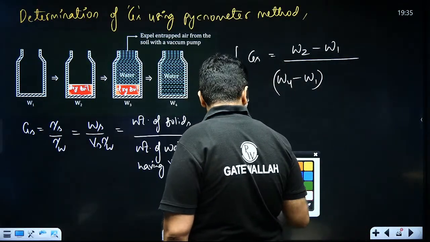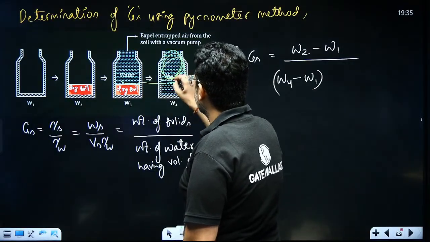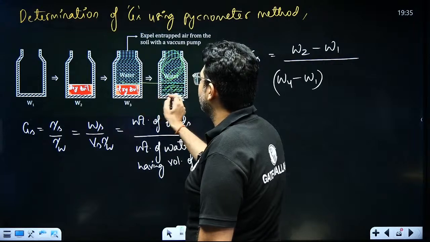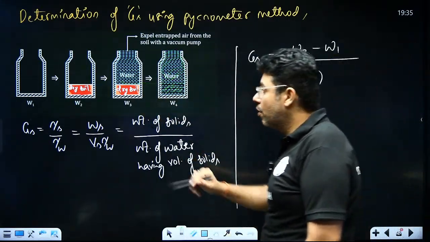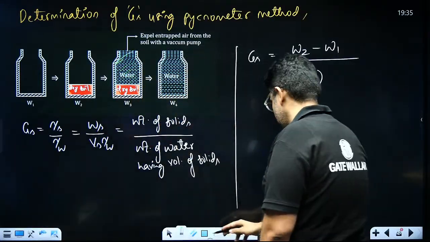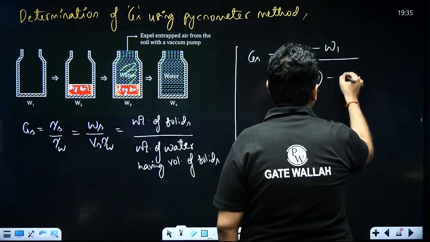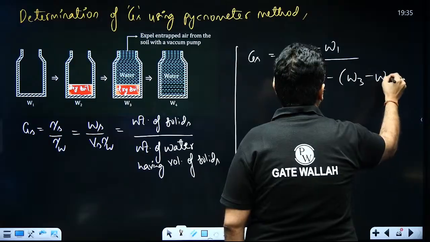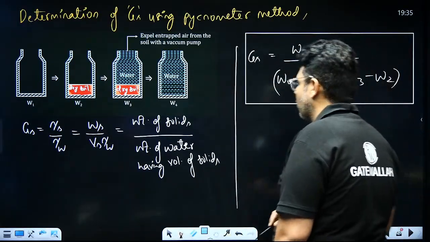Now from this much water, remove this much water, you will get this much water which is having the same volume as the solids. So W3 minus W2 will yield me the weight of this water. Just subtract this weight from the earlier weight. Please look here. Like this, you can calculate Gs also.